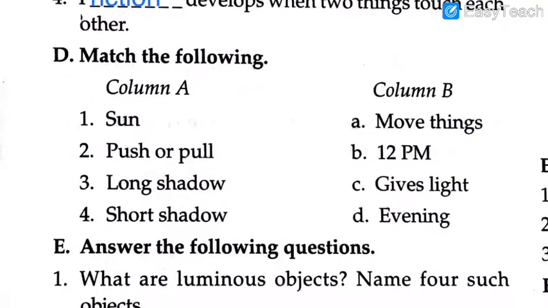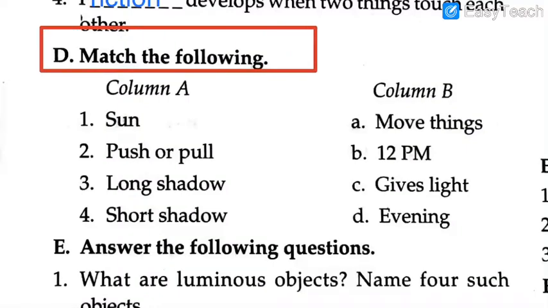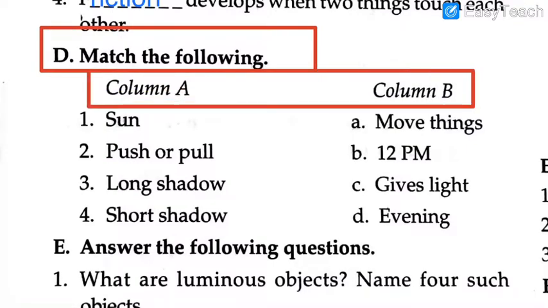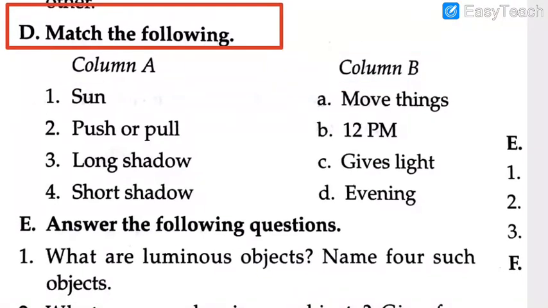Now the last question for today is question D. What is it? It is match the following. Column A and column B, both the columns are given here. Let us solve it, let us match it. Only 4 questions are there and 4 options are there.